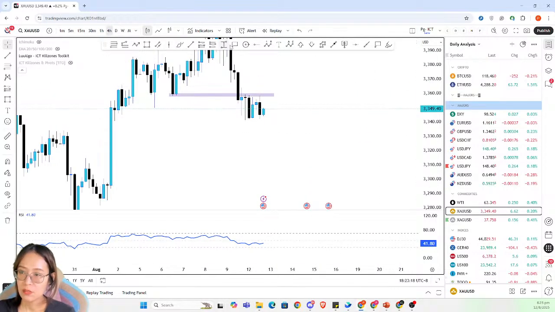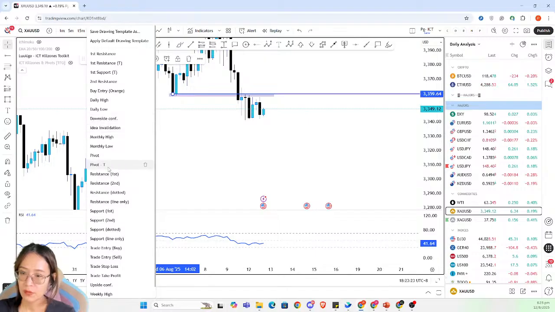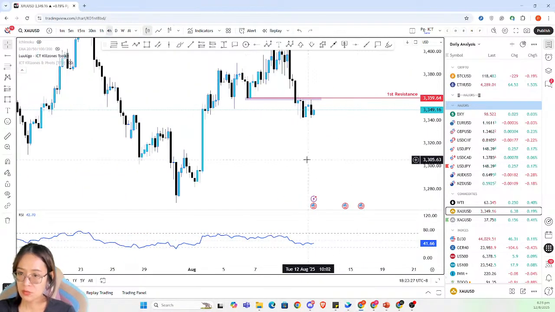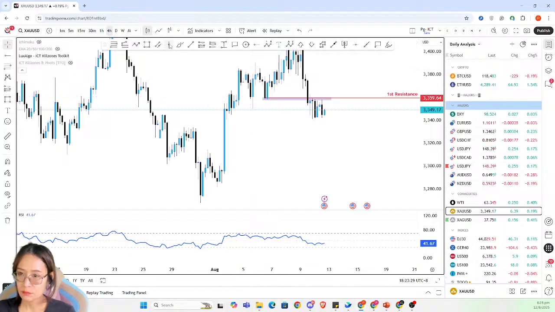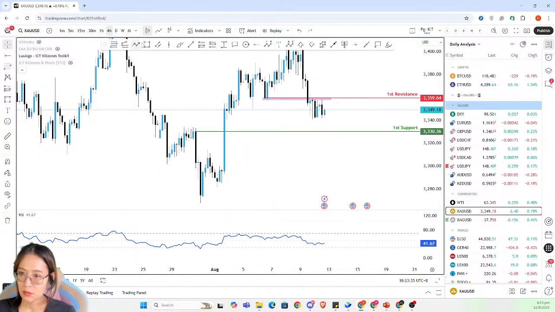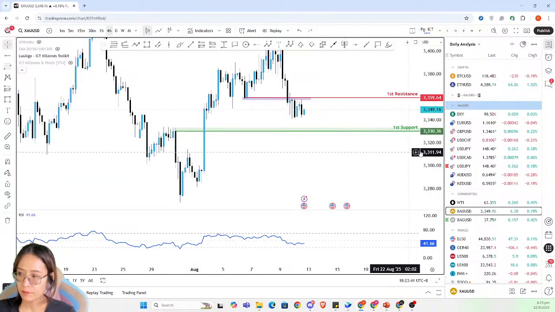Okay, this is the first resistance level. It's my break. Okay, but you need to monitor. This one is gonna be my second support, first support, which is if I see the confirmation, I'm gonna buy from this level.